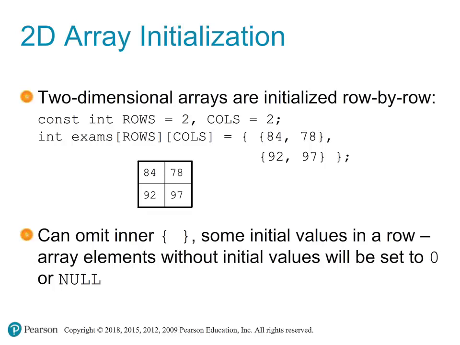If you don't provide an initial value for some elements in a row, those elements will be initialized to 0 for numerical types and null for pointer types. You can initialize only the first few elements and leave the rest. Those will default to 0 or null for pointers.